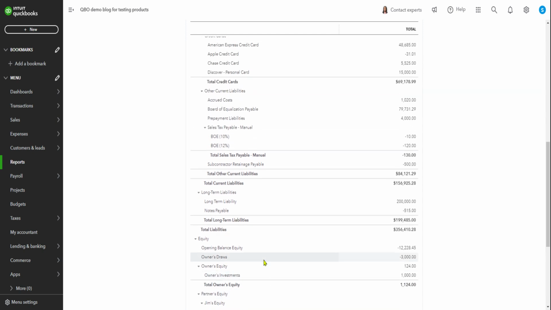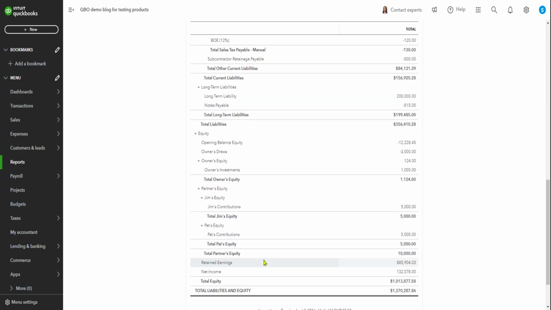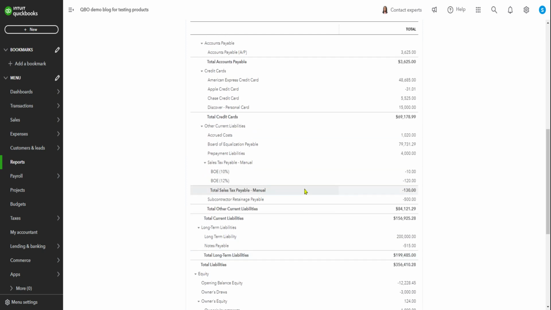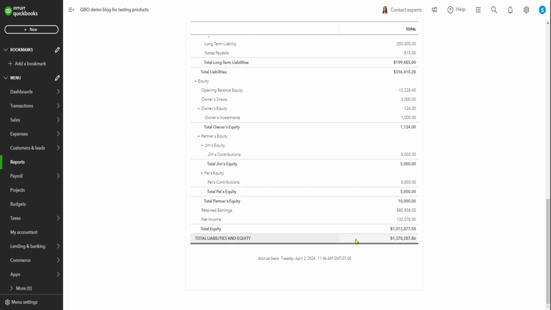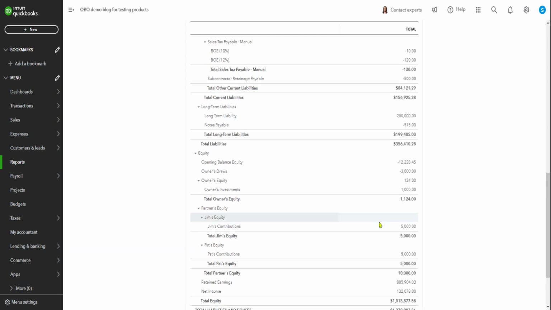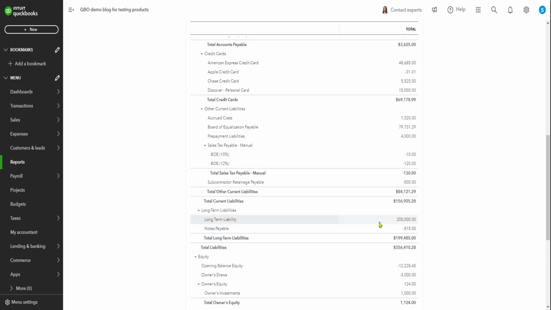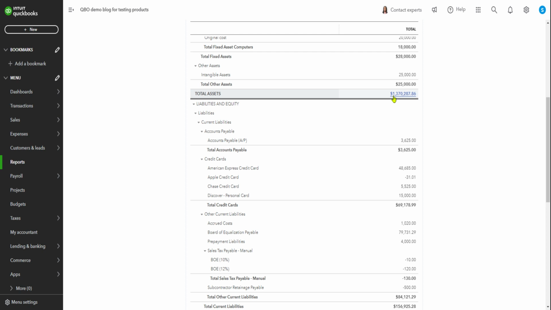Assets are on one side, and on the other side of the balance sheet you'll see liabilities and equity, and this should always match. See, you got the 1370 on liabilities and equity, and on the asset side, you should see the same amount. So that's why it's called a balance sheet.